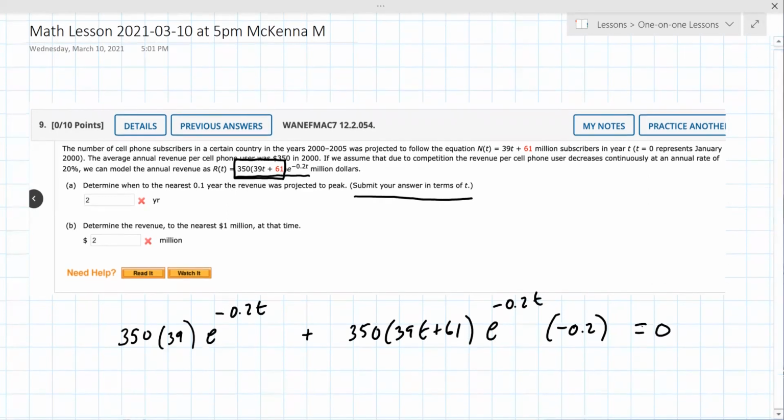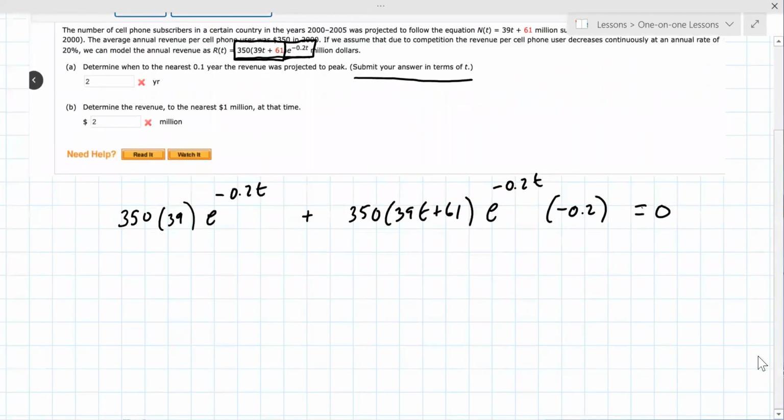So you take the derivative and add it to the original? Well, no, it's product rule, because there are two functions that you're taking the derivative of. Oh, okay. We can review that, but once you have the derivative, you're setting it equal to 0. So the steps here are to factor out anything that's common to both.